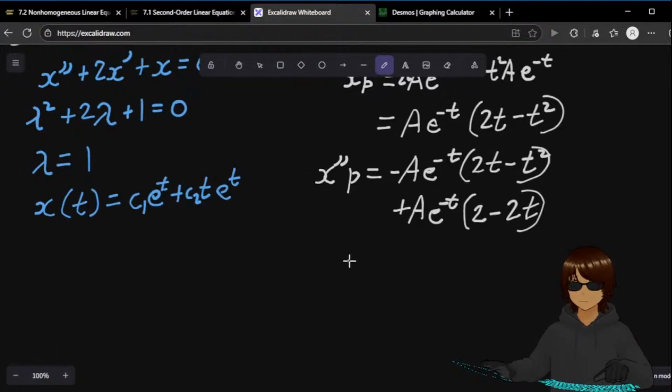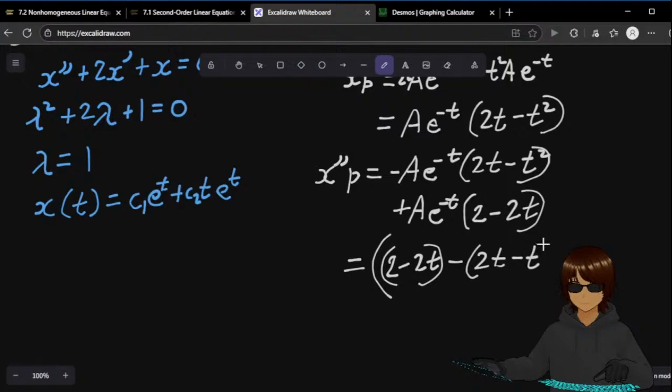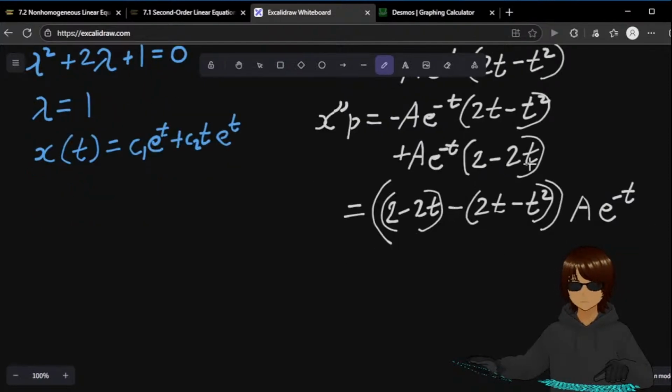Wait a minute. I can extract this out. So this minus this, like that, right? 2 minus 2t. I can take a to the power of e minus t separate.